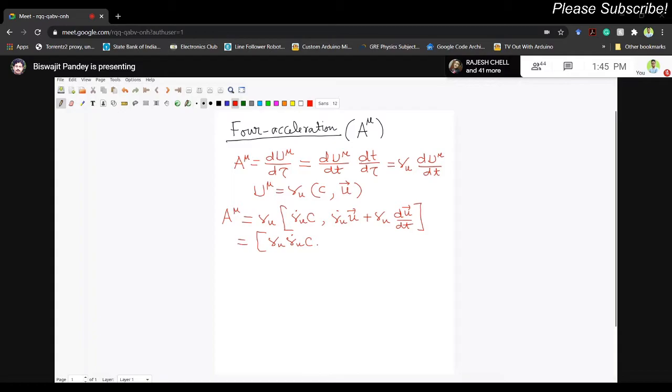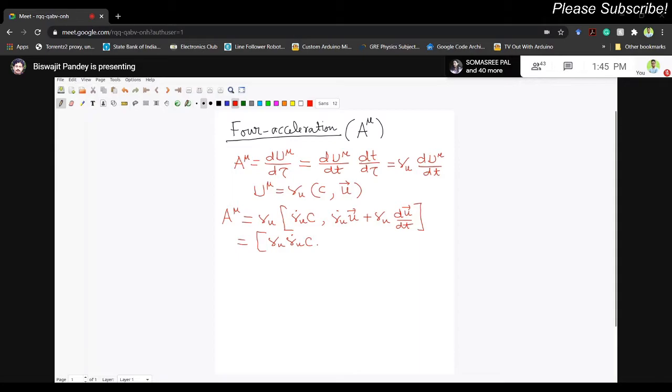So this is nothing but gamma u cube, right? So I can write this to be equal to gamma u cube. This is gamma, because 1 over square root of 1 minus u square by c square is gamma u. So this first term is nothing but gamma u cube. And then you have u dot, u is the 3 velocity, dot this term over here, this is 3 acceleration, right? So u dot a, and then c square.